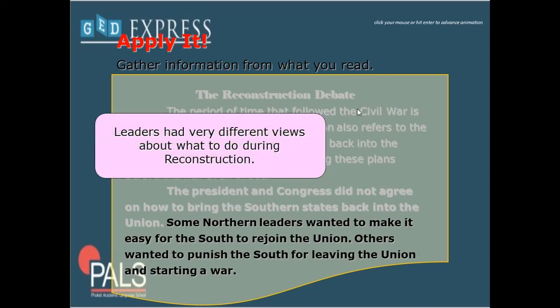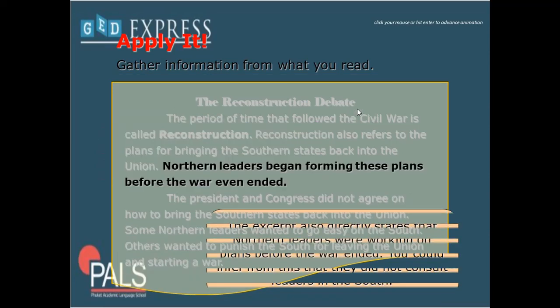And this highlighted sentence here states that leaders had very different views about what to do during the Reconstruction. So I suggest that you try to section the passages during your test and try to make a word map or some visual organizer similar to what I have on this tutorial during your test.